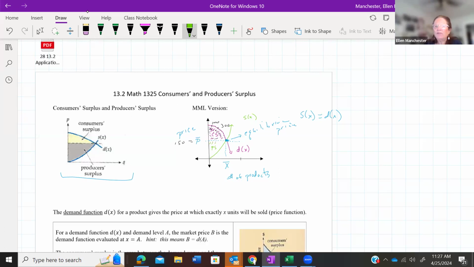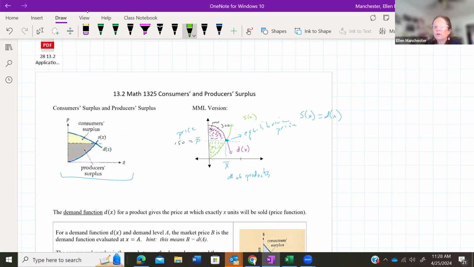So what you have down here is you have a company who is willing to use this price, this upper price, right? But they're selling it. So people want to buy it at a lower price, this supply curve, but they're actually paying $150 for it.